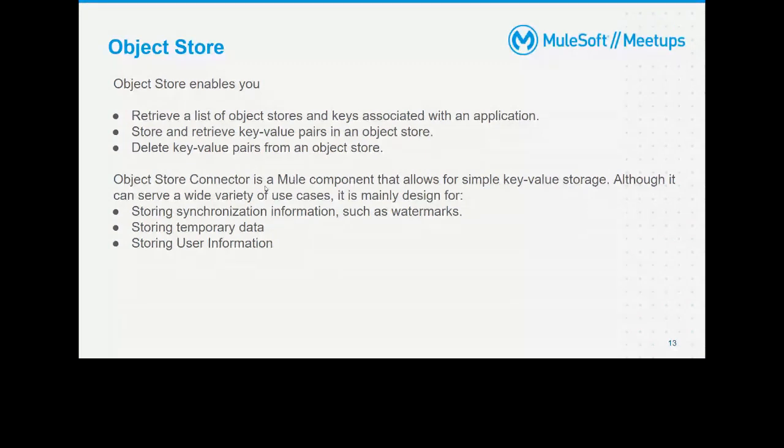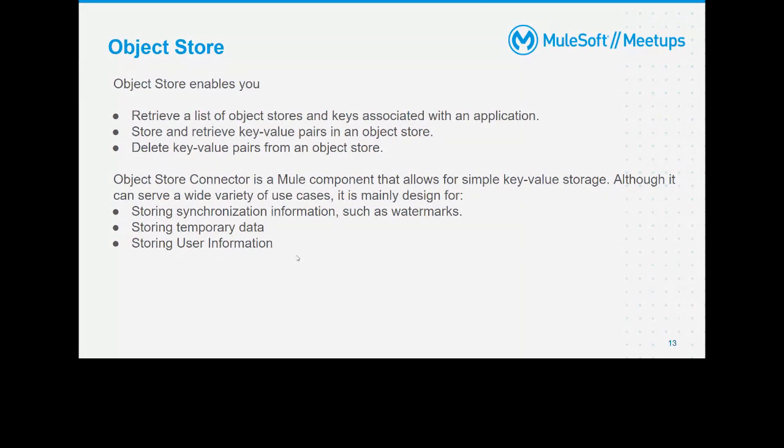The object store connector is a Mule component that allows for simple key value storage. Although it can be used for a wide variety of use cases, it is mainly designed for storing synchronized information such as a watermark. In batch processing, you have to maintain your watermarks, right? If you are doing data synchronization between NetSuite and Salesforce, you need to store the last modified or last updated date.